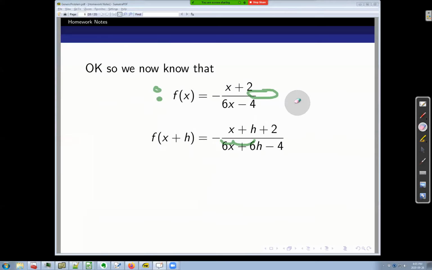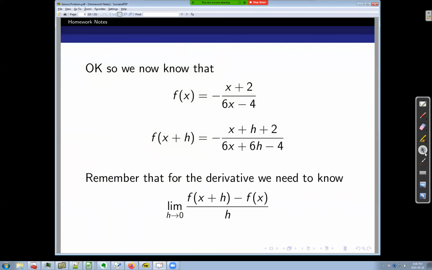Okay, so let's see what we got here now. To summarize, we now know that f of x is equal to this, and we now know that f of x plus h is equal to this. So now we go back to our definition of the derivative, and there's f of x plus h.